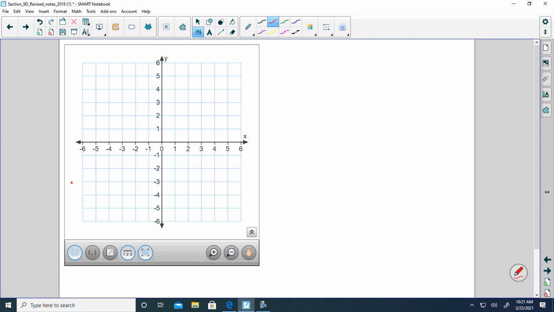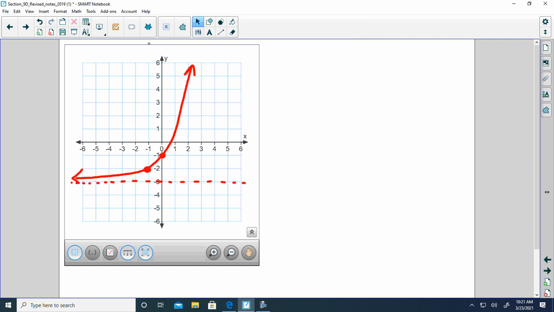Let's say I had, okay, so I want you to kind of think about this. How can we make our exponential function correct?